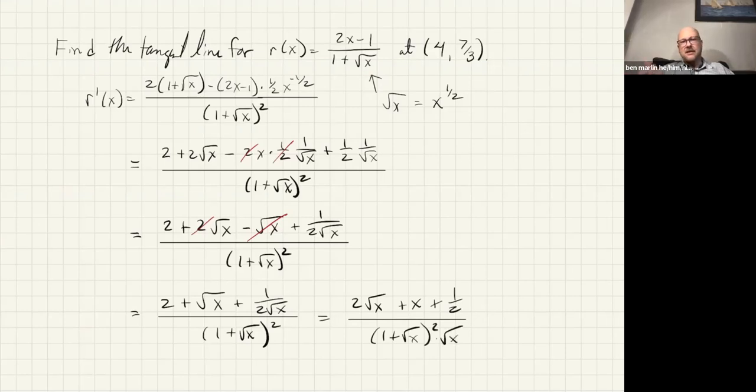If you want to multiply by 2 in the top and bottom, even better, but I don't think it really looks any better. Okay, so I would be perfectly happy with this answer right here. But if you want to, you can fiddle around with it a little bit and get it into a form that you like a little better.